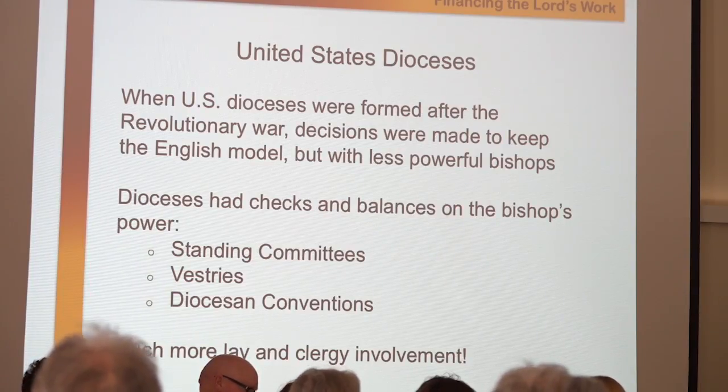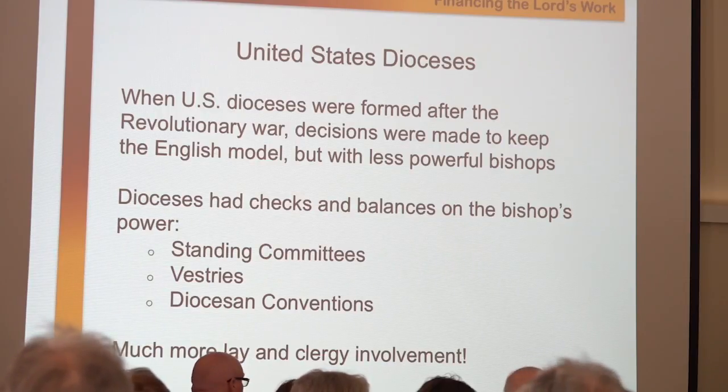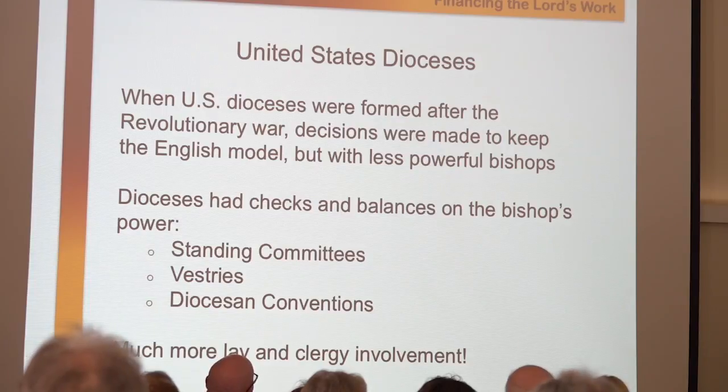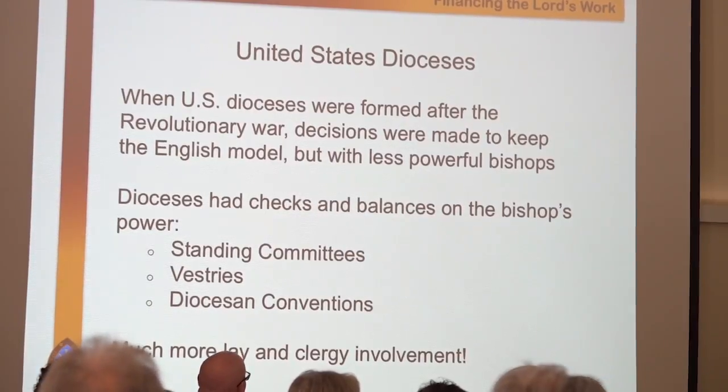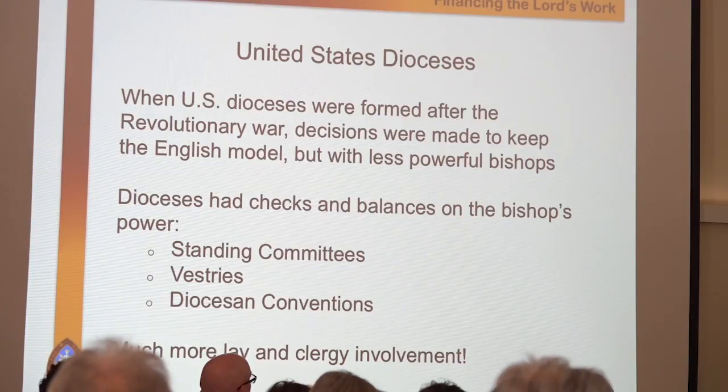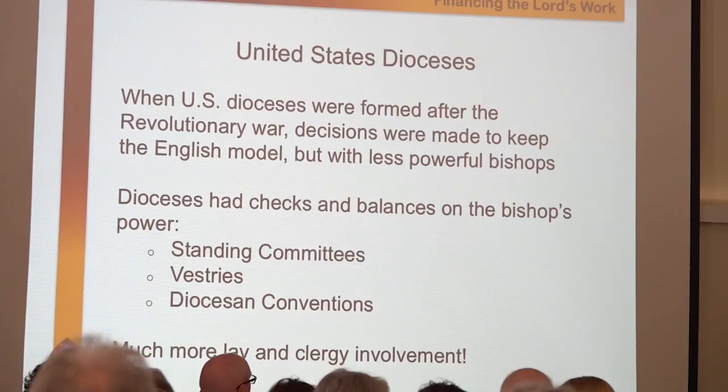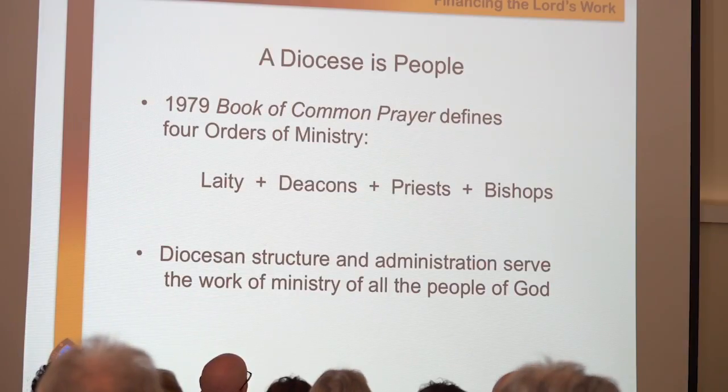We included much more clergy involvement, clergy that weren't bishops, deacons and priests, and lay involvement in the decision-making. So many of the things that we do in Episcopal dioceses are unknown in other parts of the Anglican Communion or are just being discovered.